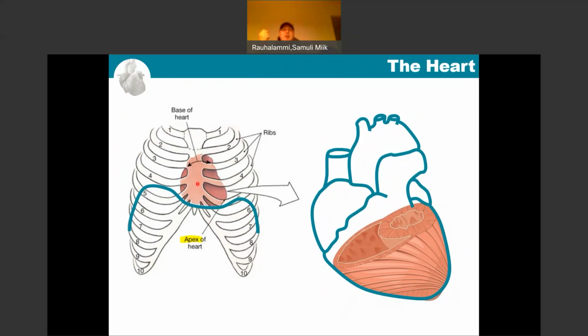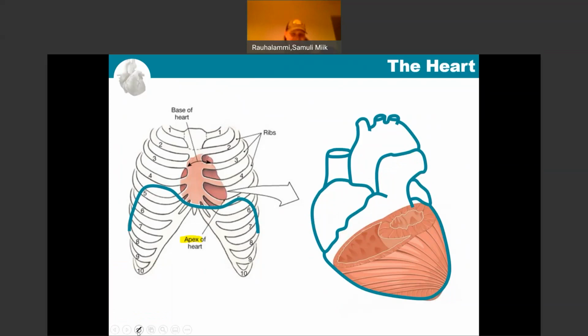And since we're looking at the fist, the other thing that I wanted to discuss was the fact that the heart is really not aligned within your body, within any of these traditional planes that we have looked at. So instead, the heart is at kind of an awkward angle, and let's have a look at that a little bit. One thing that you'll notice here on this diagram on the right-hand side of the screen is that if you squint a little bit, you'll notice that the heart is almost like a cone-shaped structure.